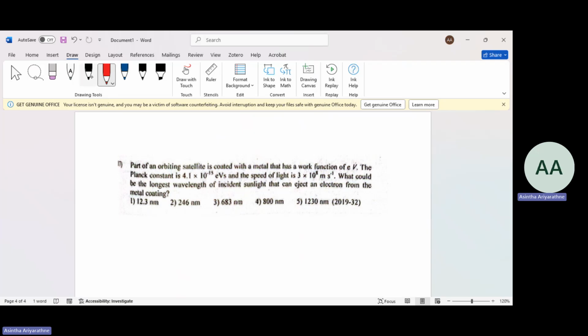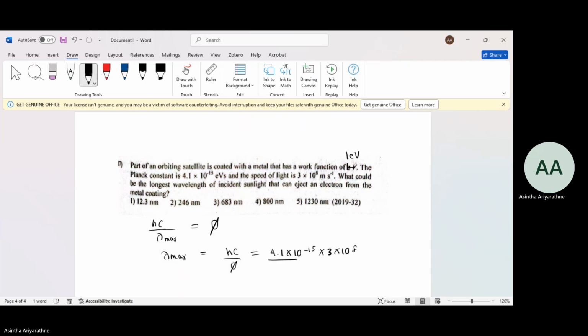At 1 electron volt, hc over lambda max is equal to the work function. So lambda max is hc over the work function: 4.1 times 10 to the power minus 15, times 3 times 10 to the power 8, over 1 eV.